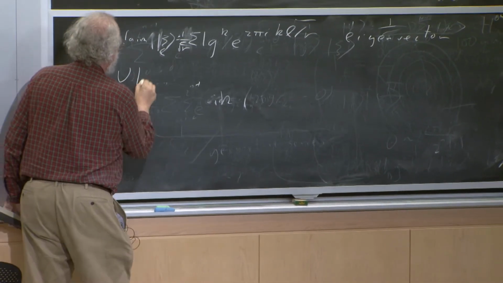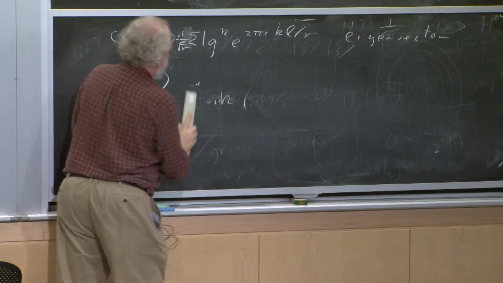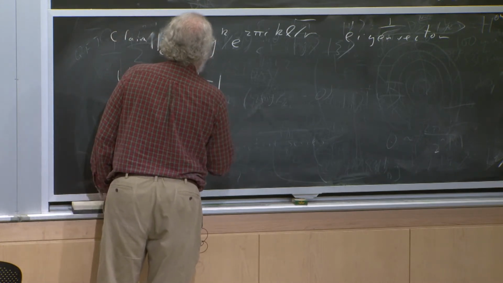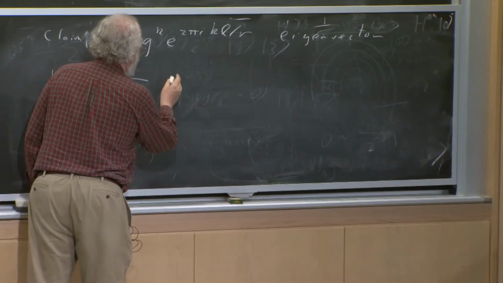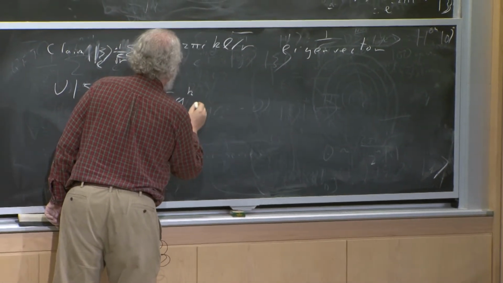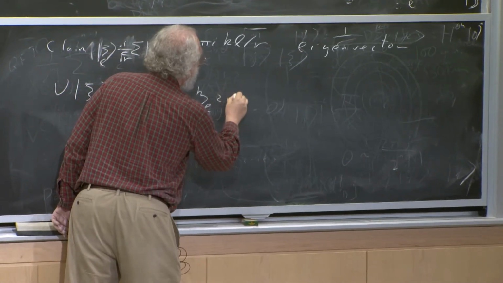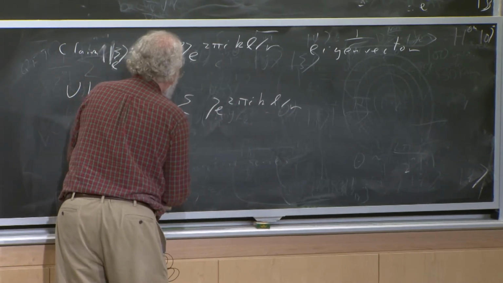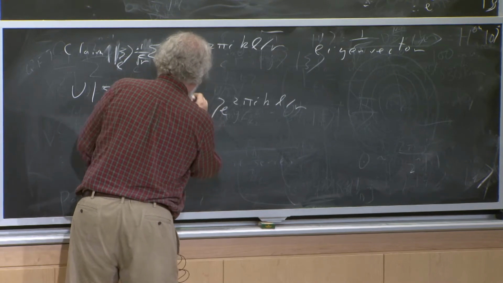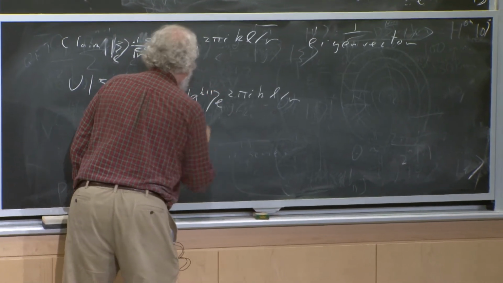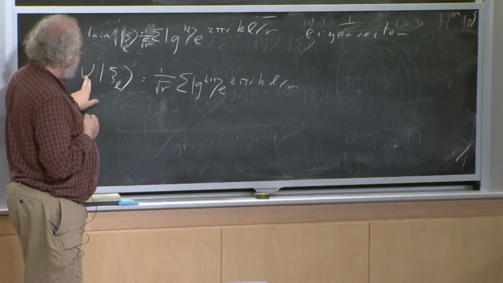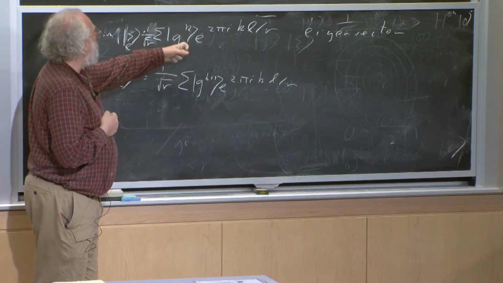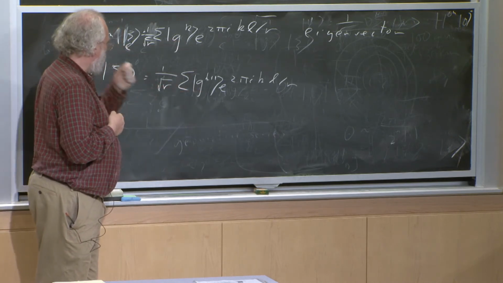We apply U to C sub L, and we get 1 over root r, sum of g to the k plus 1 times e to the 2 pi i k L over r. Because when we apply U to something, we multiply by g. So taking g to the k and multiplying it by g, you get g to the k plus 1.